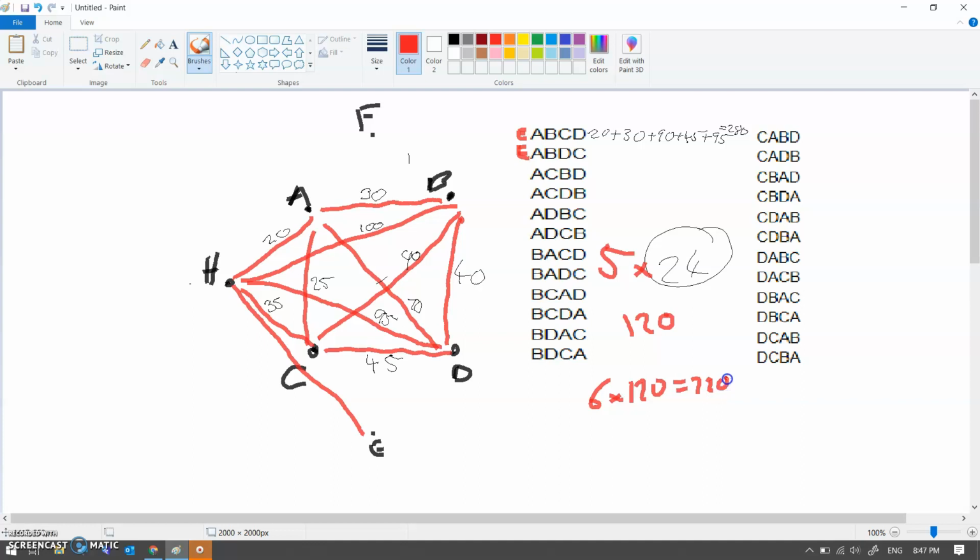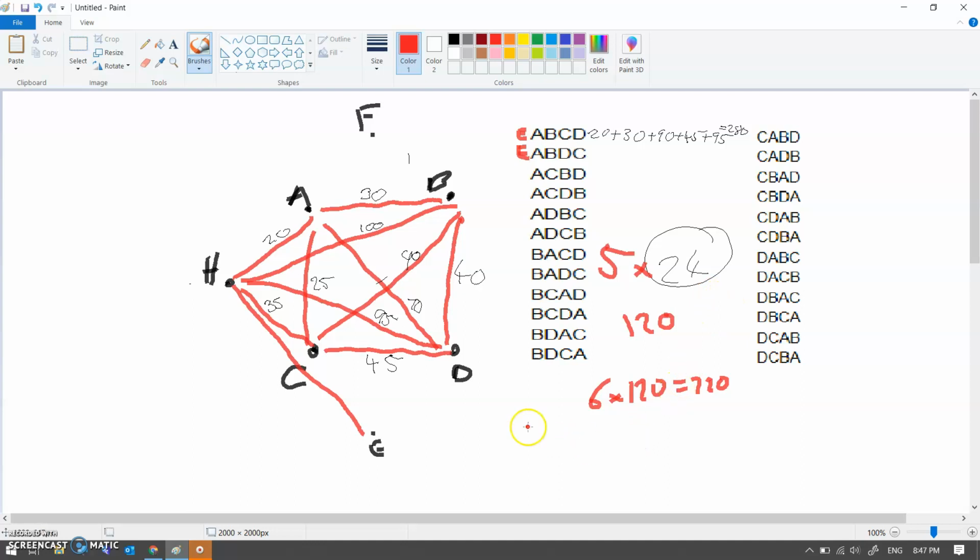720. So what you may notice here is as we go up by 1 city each time, we multiply by the next consecutive number. And as I'm sure you've all realized, this is a factorial. So effectively we're doing 6 times 5, and then 24 is actually equal to 4 times 3 times 2 times 1.